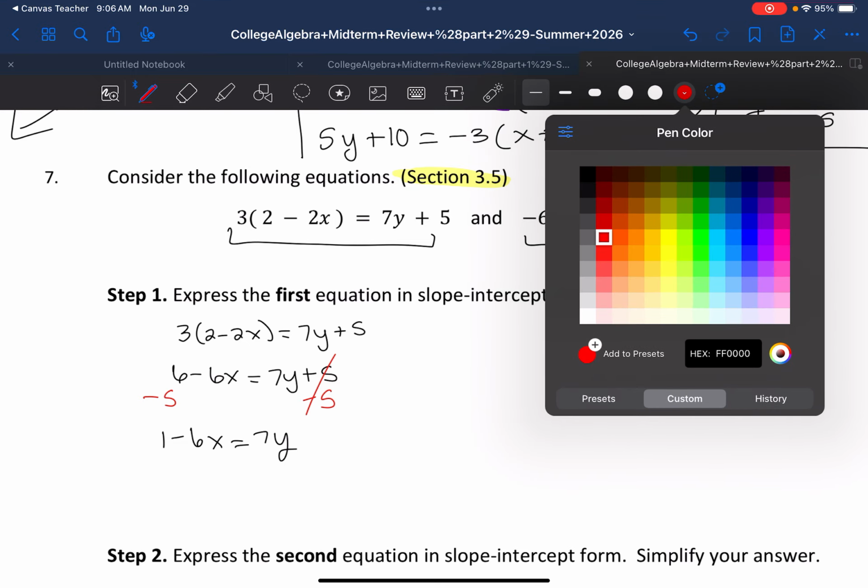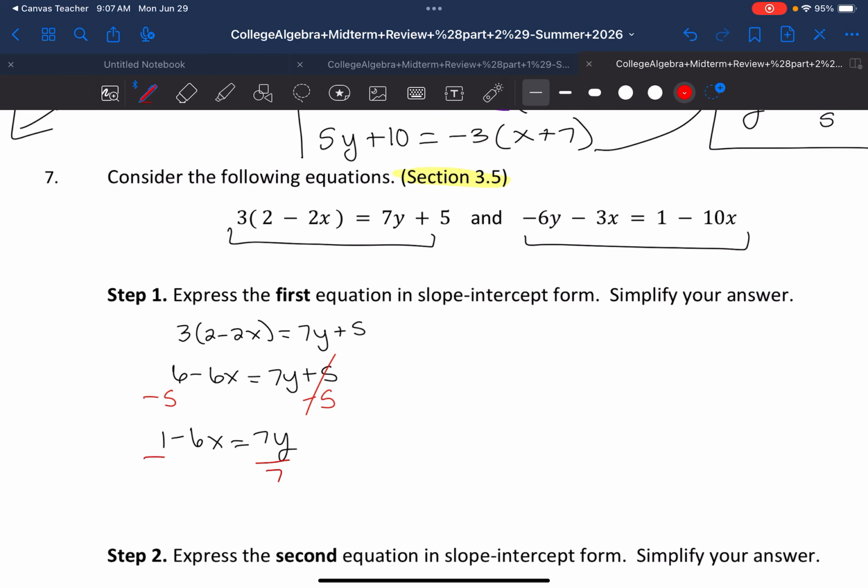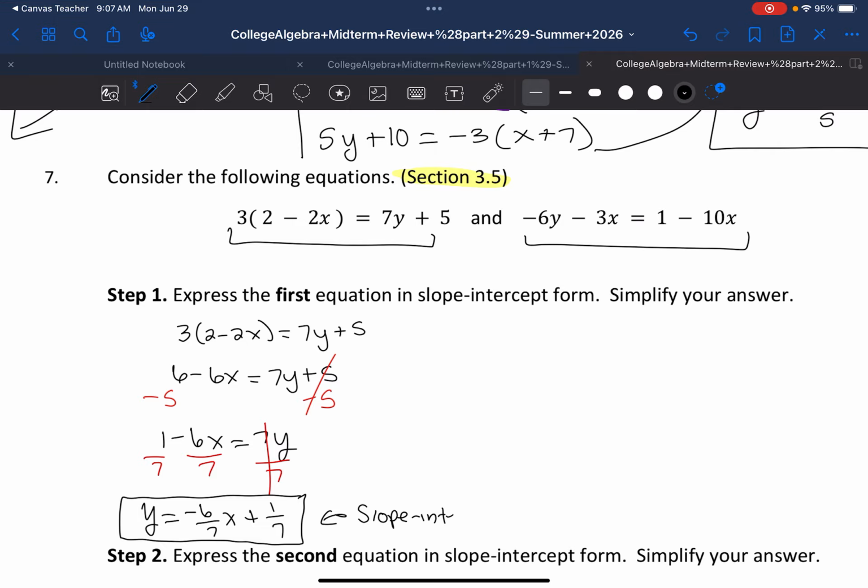And then divide both sides by 7. Divide everything by 7. And I'm just going to rewrite it with the y on the left. So this is the same thing as y equals, and then I'm going to write the x term first. So that's negative 6 over 7 times x plus the 1 over 7. So that is slope-intercept form, which is what they wanted me to do for step 1.